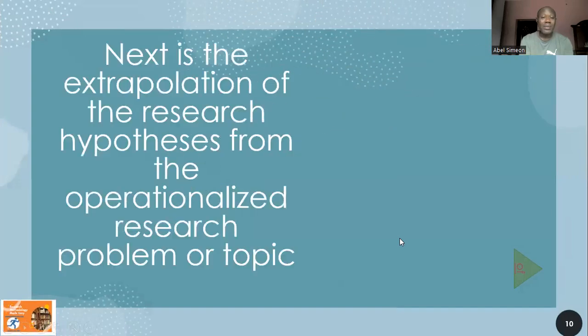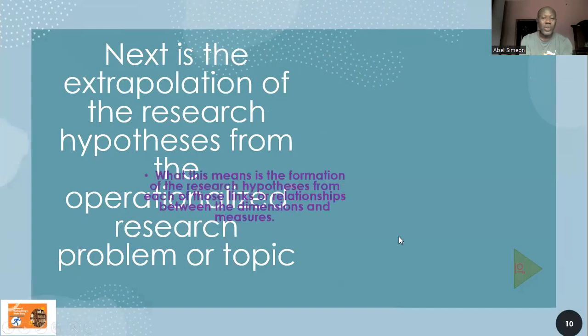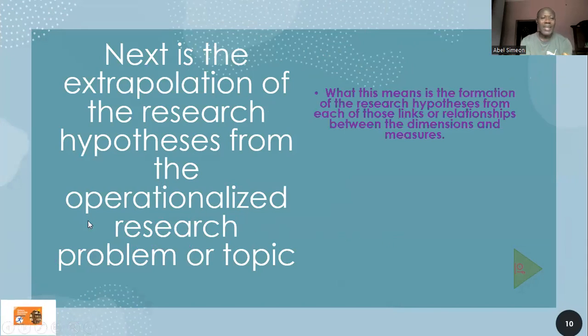What I mean by extrapolation of the hypothesis is that you form the research hypothesis from each of those links or the relationship between the dimensions and the measures.